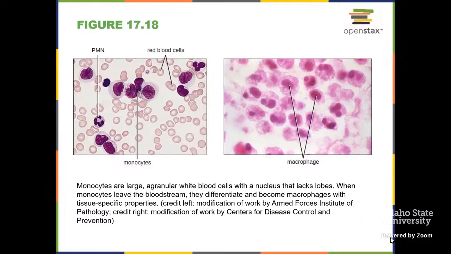So enough of that overview of all of those cells. Here's an image of a handful of different macrophages as they have made their way out of the circulation into the tissues. At this point, they're doing surveillance in a similar idea as those natural killer cells moving through looking for things.